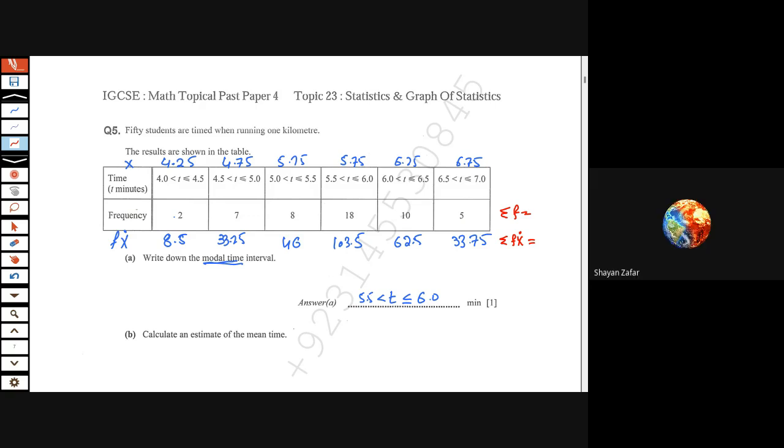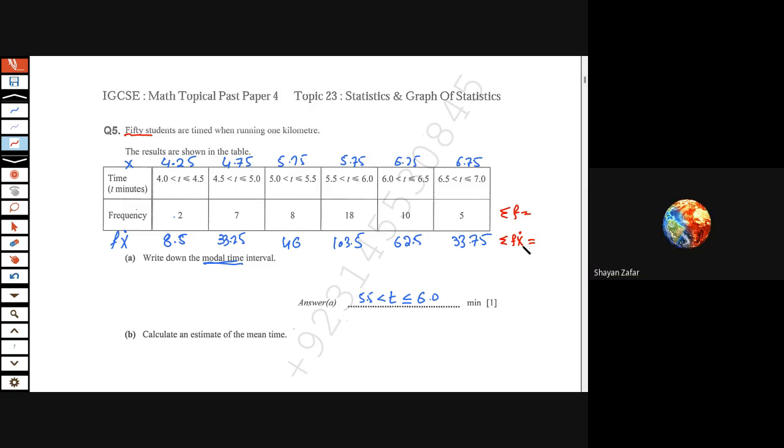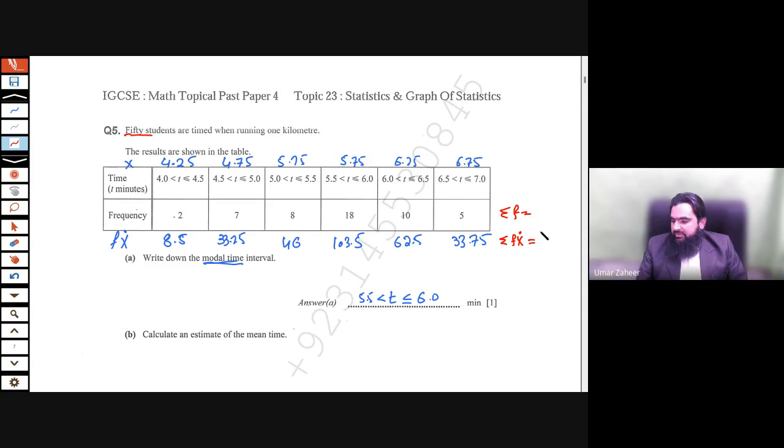It will be 33.25 plus 46 plus 46, then 103.5, 62.5, and 33.75, which is 287.5. What is the sum of the frequency? That is already given. That is 50 students.